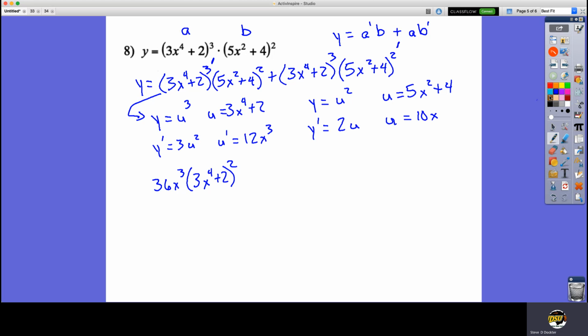So the derivative of this, I'm going to write it off to the side, is 20x times 5x squared plus 4. And then all we're going to do with this 20x thing is plug it right in here. So this first one that we found is going to go in for this. Then we're going to take that times what we have written after it.